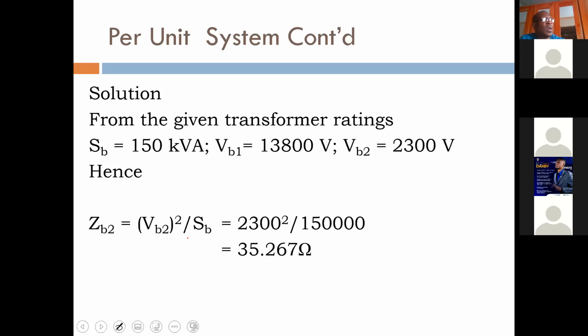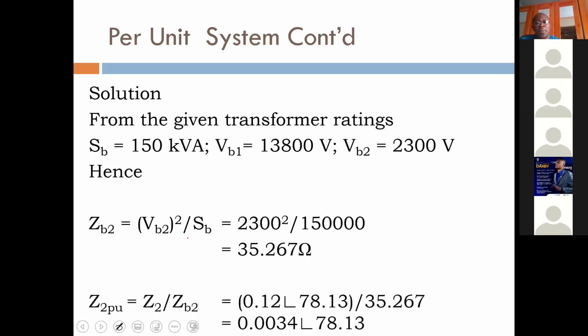Mr. Duncan, how do I find the per unit from this? Sir, you divide the actual value given in the question by this base. Excellent. So we have actual over base. The actual was 0.12 at an angle of 78.13. We divide that by 35.267 and we get 0.0034. The phase angle remains the same.